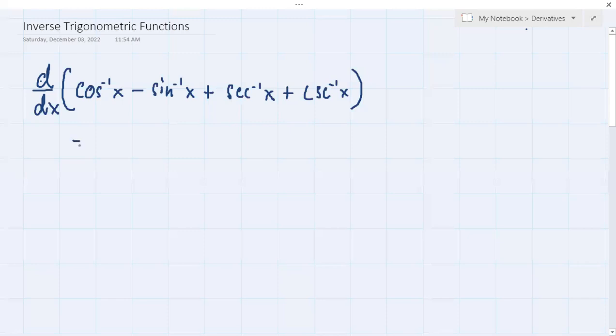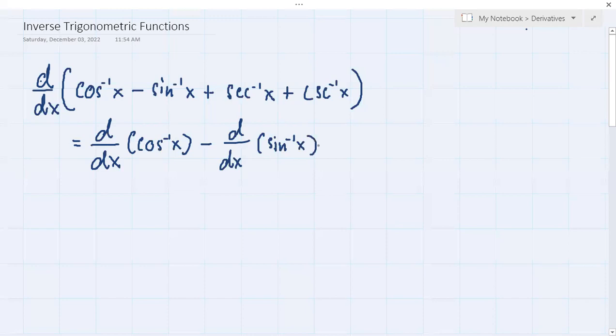So mag-apply tayo ng sum and difference rule of differentiation. Kumbaga, i-differentiate natin sila isa't isa. So we will have the derivative of arc cosine minus the derivative of arc sine plus the derivative of arc secant plus the derivative of arc cosecant.